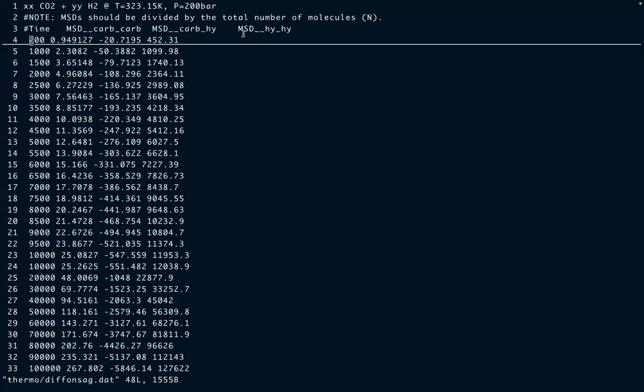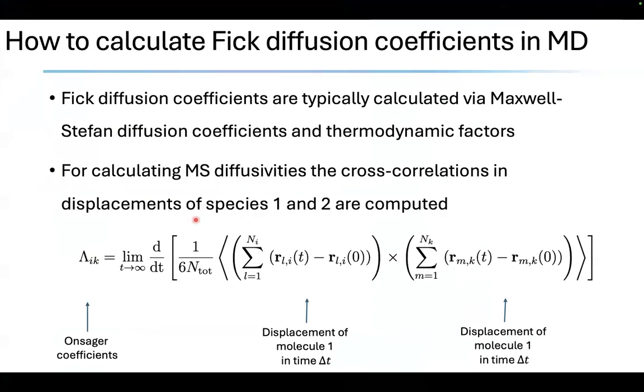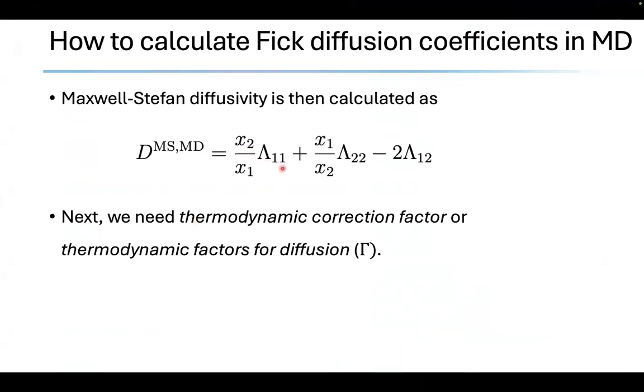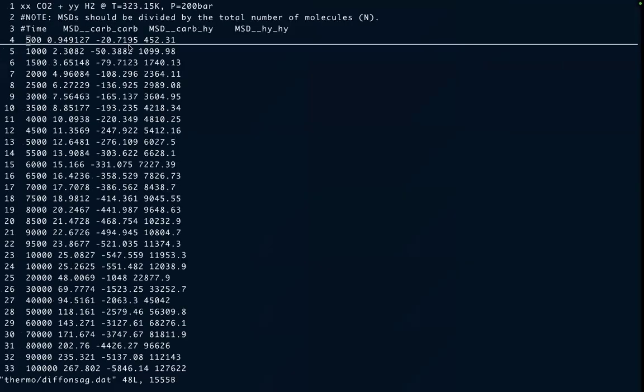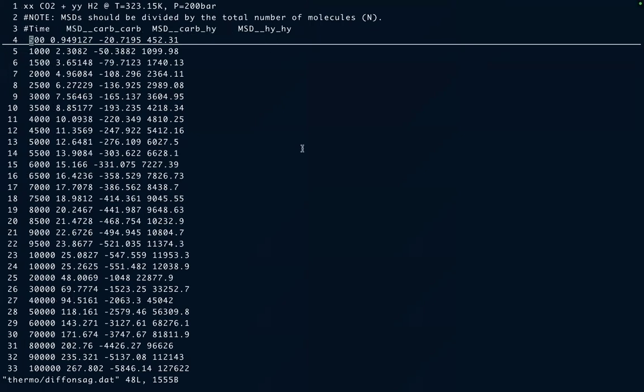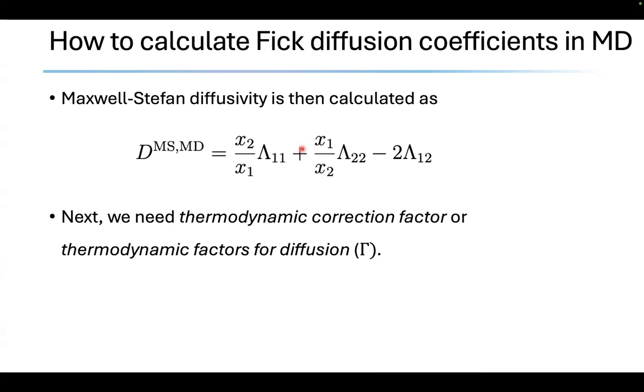Finally, the same procedure can be carried out also for the hydrogen. Once this is done, you can combine the Onsager coefficients obtained from the mean square displacements of carbon-carbon, carbon-hydrogen, and hydrogen-hydrogen together with these ratios that are input parameters in the simulation to finally give you the Maxwell-Stefan diffusion coefficients obtained from MD simulations.